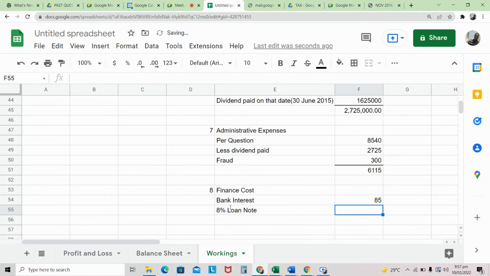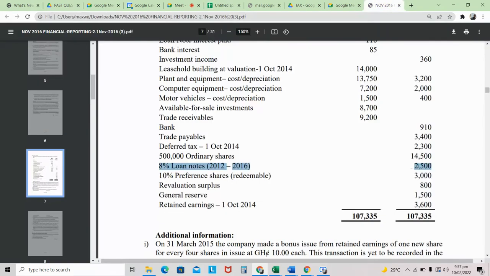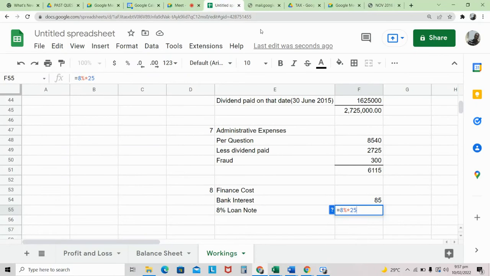The interest will be 8% times 3,500, this one. So you get 8% times 3,500. Okay, that's the loan notes.